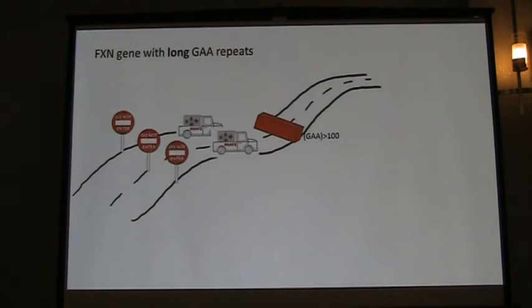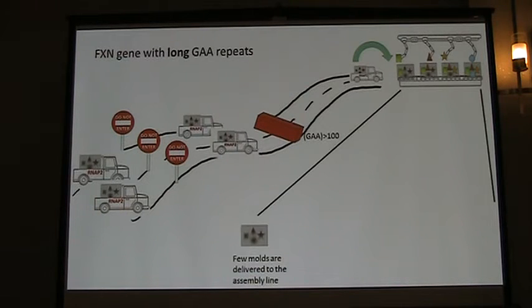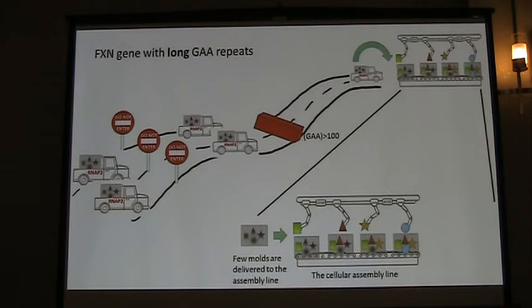The second thing that happens is that do not enter signs are posted at the beginning of the road, so the trucks cannot even enter the road. So when this happens, only very few trucks can get to the end of the road. They deliver very few molds, so the cellular machinery, the assembly line, can only make very little frataxin.